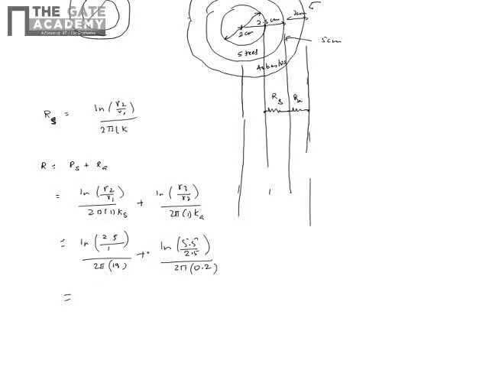This value, if you calculate, comes out close to 0.635 for both together, and the heat transfer rate is nothing but delta T by the total resistance. Delta T is 600, total resistance is 0.635, so this comes out to be 944.88 watt per meter. So the closest answer is C. This is again a straightforward problem.